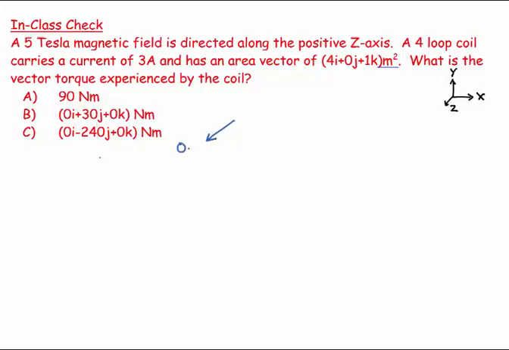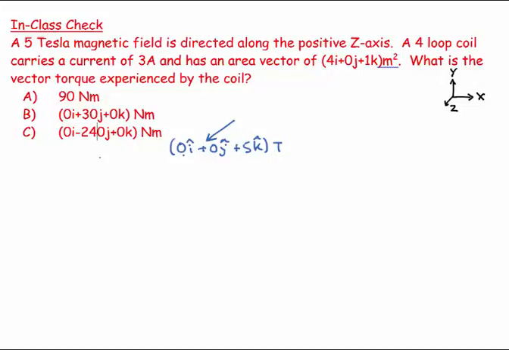So that would be no X component, so 0i, and no Y component, so 0j. It's got a component of 5 Tesla directed along the positive Z-axis, so that would be plus 5k Tesla.